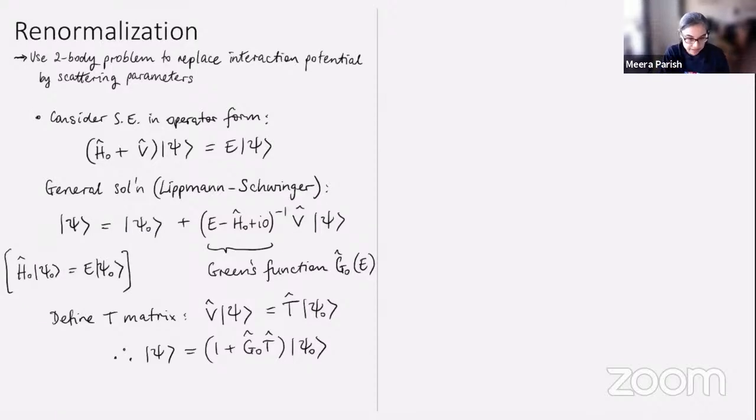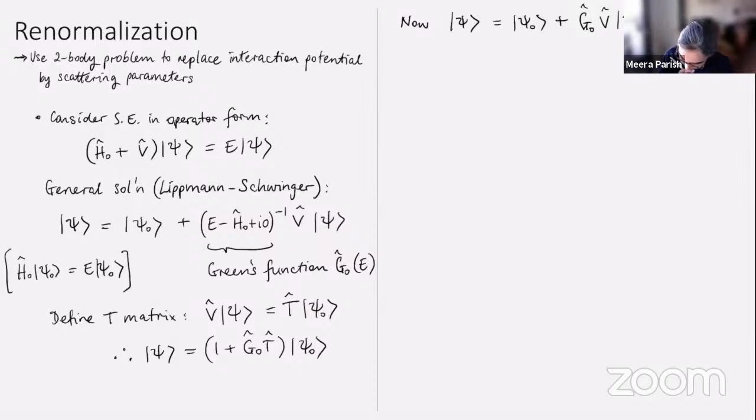all right, so let me just write it down. So if you start with, okay, so now we know that we have this psi here. So I'm just rewriting this equation here. So I have this psi naught plus this G naught V. And right.